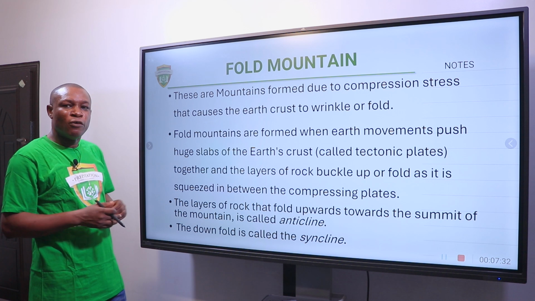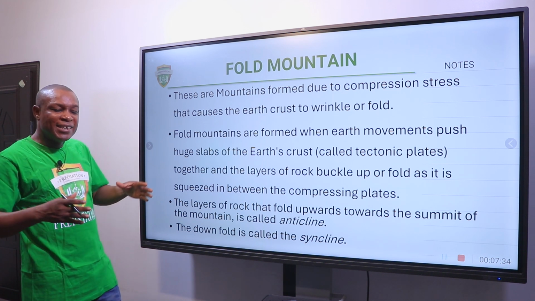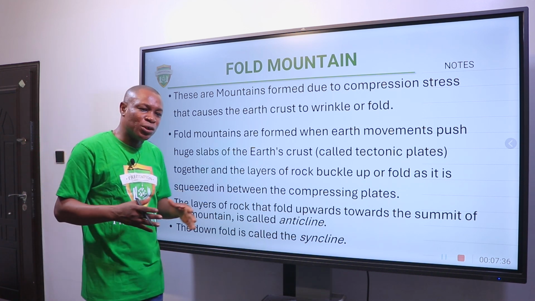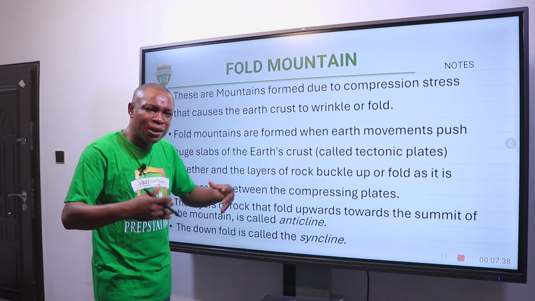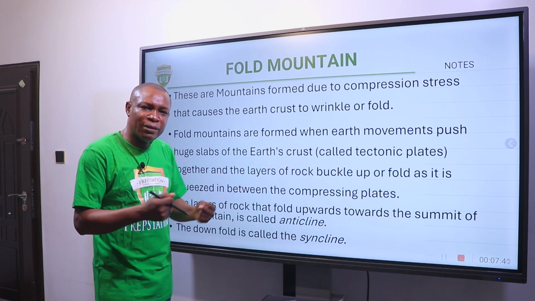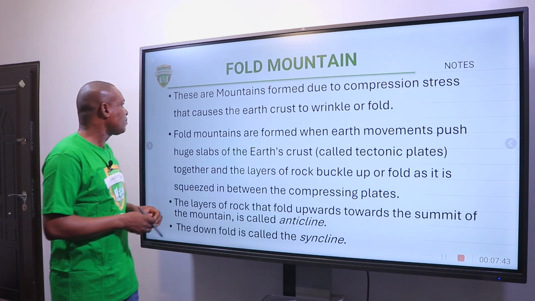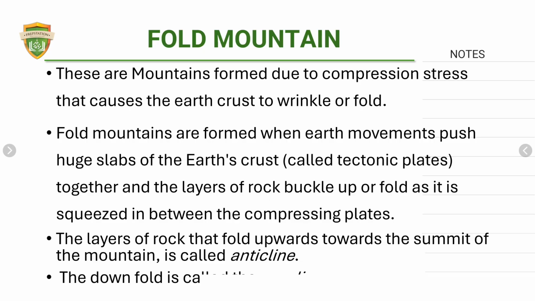Fold mountain. It is formed as a result of compressional forces. These are mountains formed due to compressional stress that causes the earth crust to wrinkle. Remember, the name is fold mountain. So when there are compressional forces, it will cause the landmass to wrinkle.